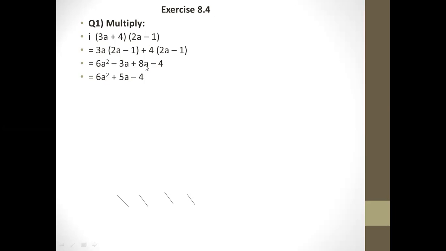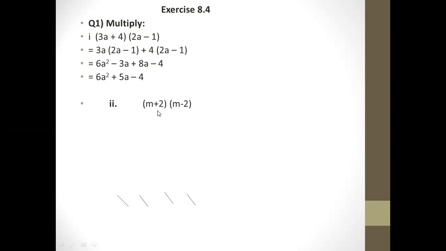When same variable a and a same variable and having different signs, so we remember one thing, if having different sign we subtract them, but same sign we add them. So 8 minus 3 5, 5a minus 4, this we get.